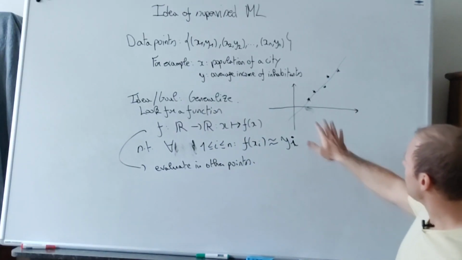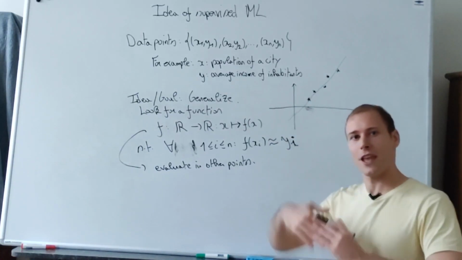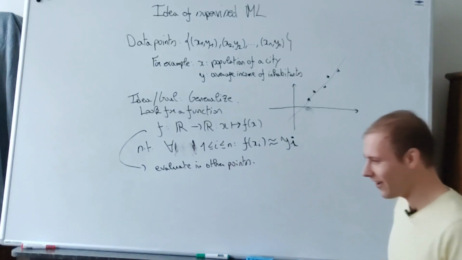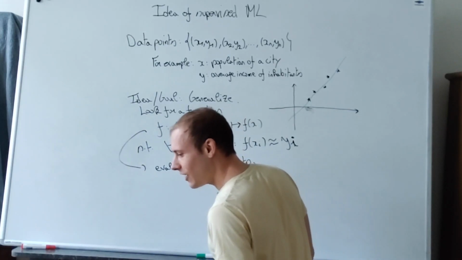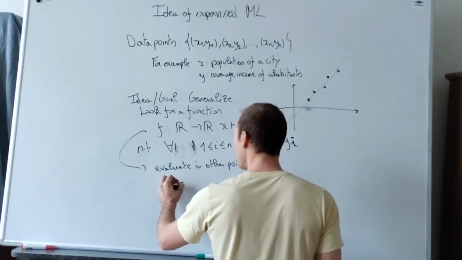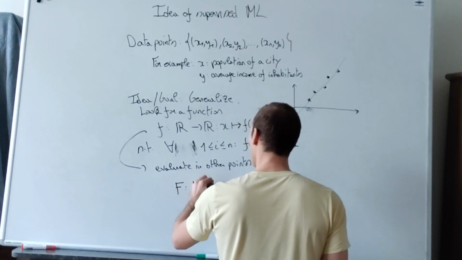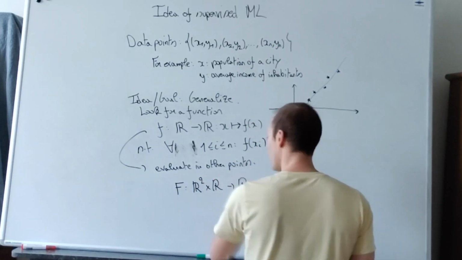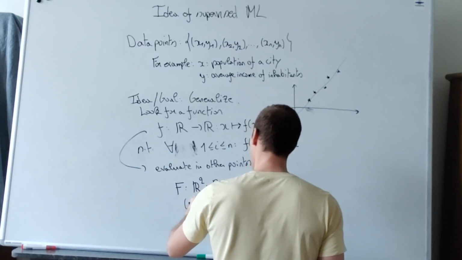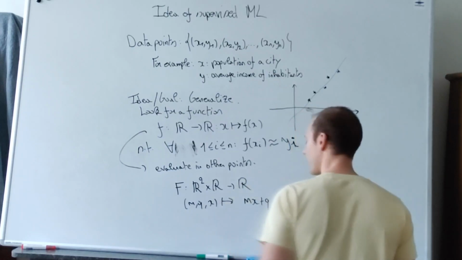Now, if we look at these data points, this is often what we see. It seems to be a linear connection, and linear lines in the plane are, of course, polynomials of degree 1. So we are actually looking for, and remember this big function F from last video, from R^3 to R, which maps m, q, and x to m times x plus q.